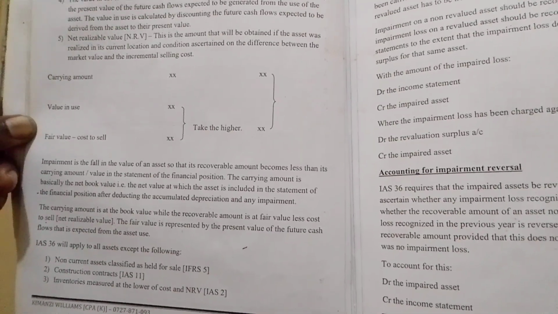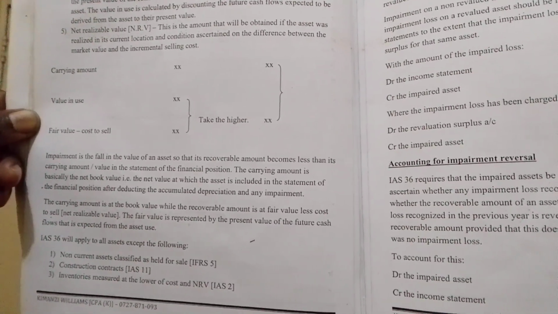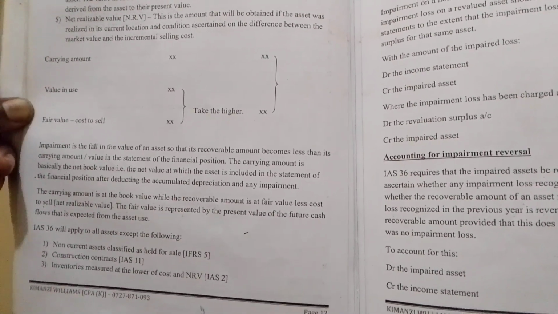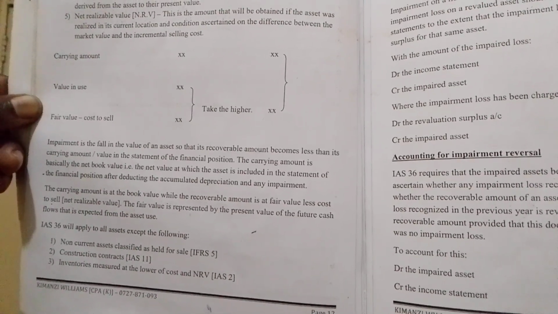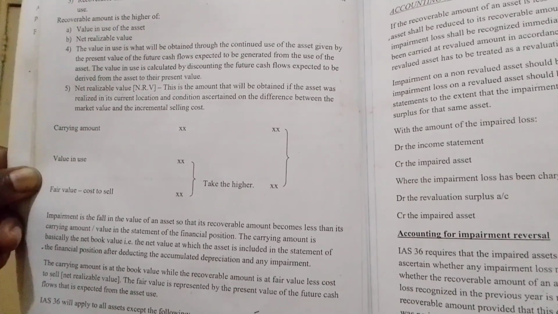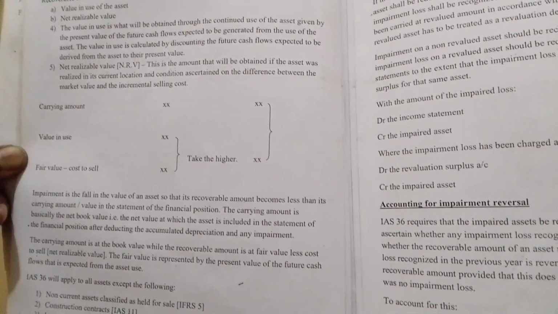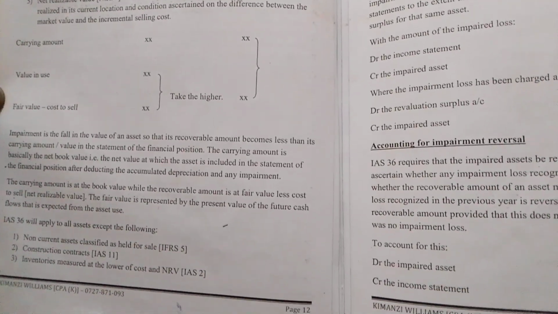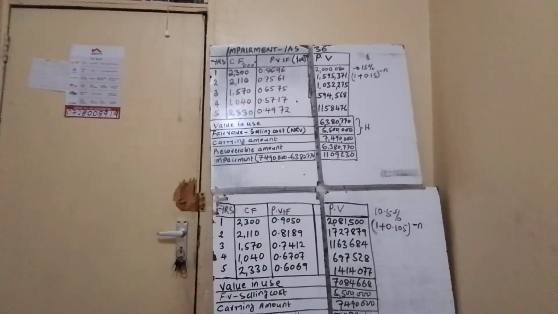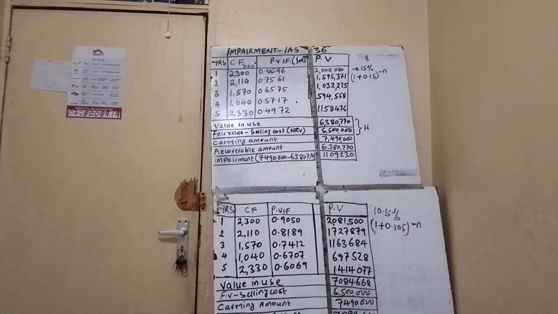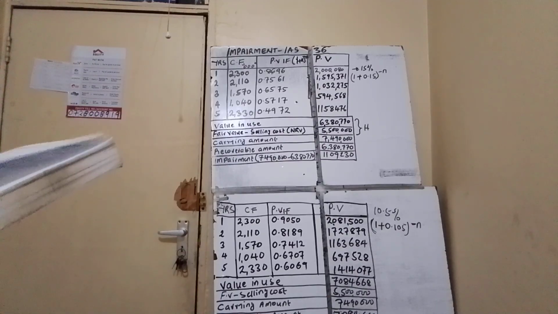If the carrying amount, which is also known as net book value, is higher than the recoverable amount, then that asset has been impaired. So that is a point that I wanted to discuss with you.